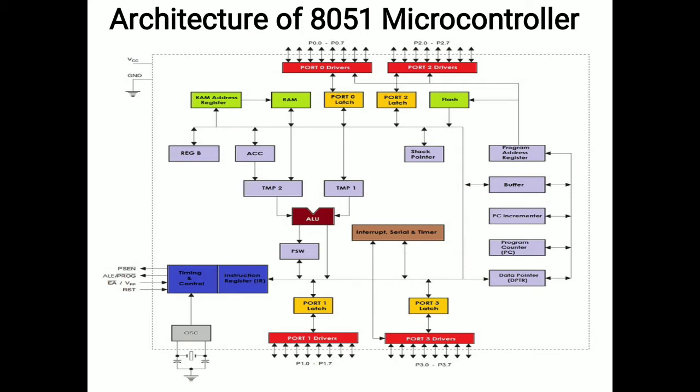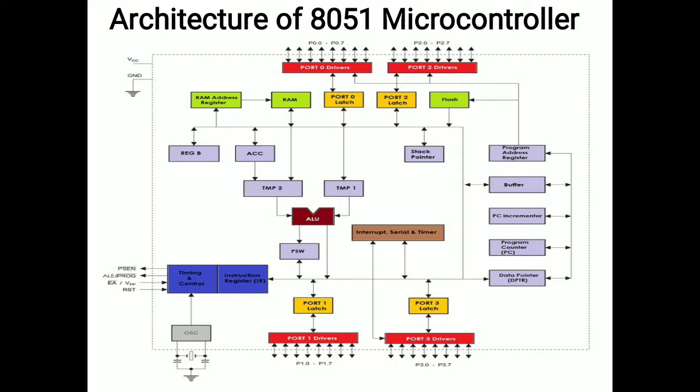And if we look at the pin diagram of an 8051 microcontroller, which is constructed in DIP package, that is dual inline package, the first 20 pins, 1 to 20, are on one side, and the next 20 pins, 21 to 40, are on the second side of the microcontroller.